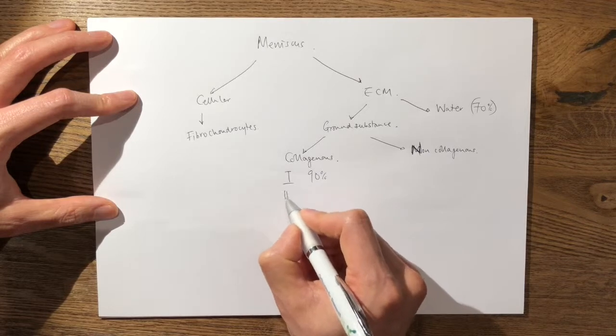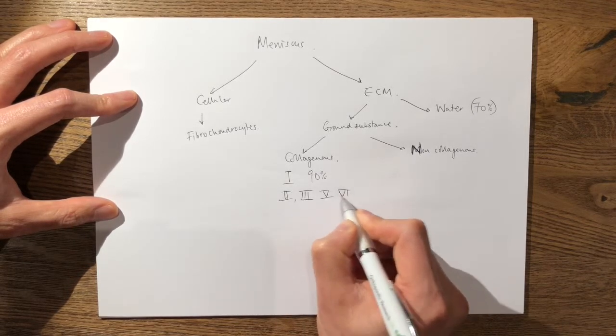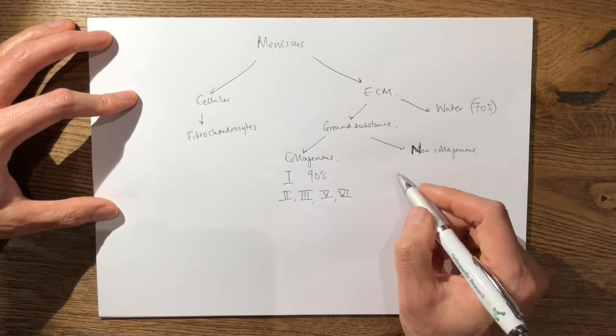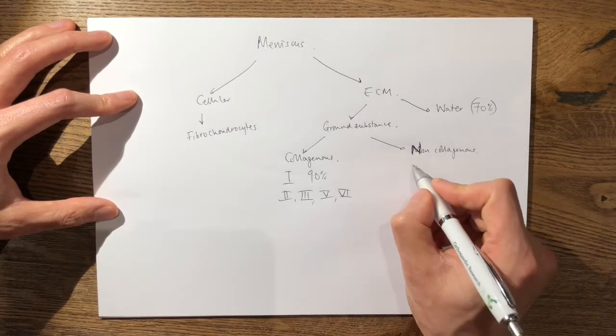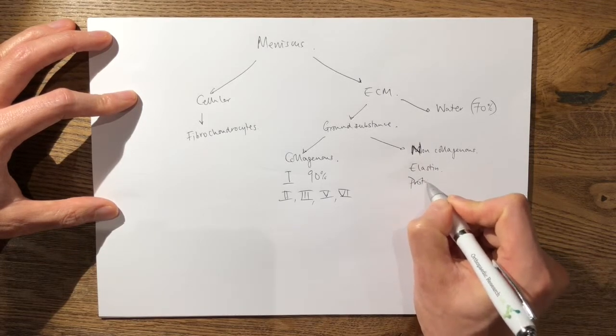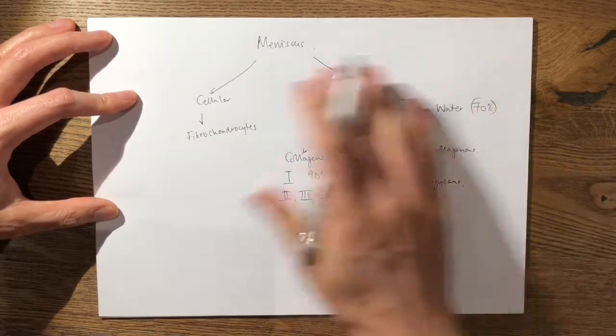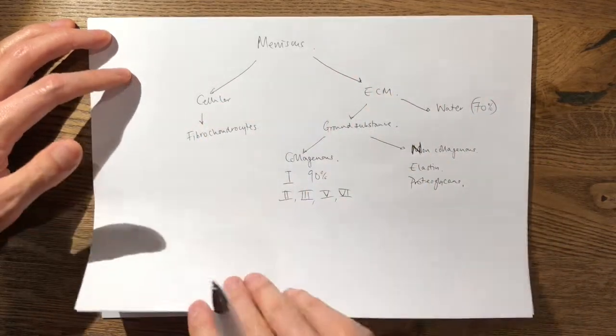It also contains some collagen type 2, 3, 5, and also 6. The non-collagenous portion is made up of elastin and proteoglycans. So that's the overall composition of the meniscus.